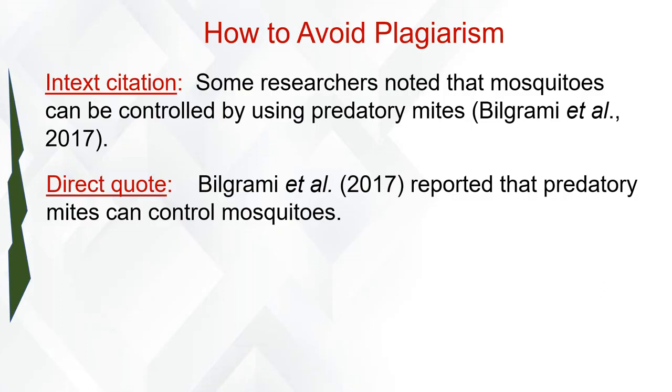So Bilgrami et al. got that credit, and it says these authors reported that predatory mites can control mosquitoes. It's very direct. The meaning is the same, the conception is the same, it resembles the above statement, but the wordings are different, the statement is different, the tense is different. It's a direct statement rather than indirect.